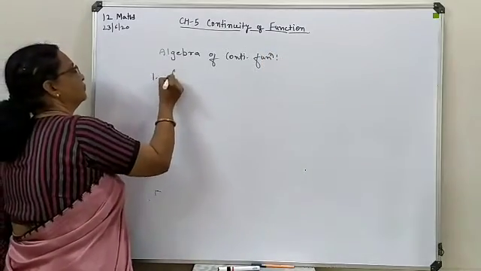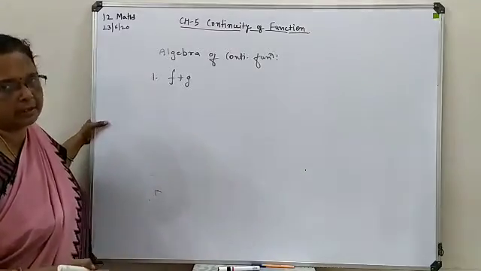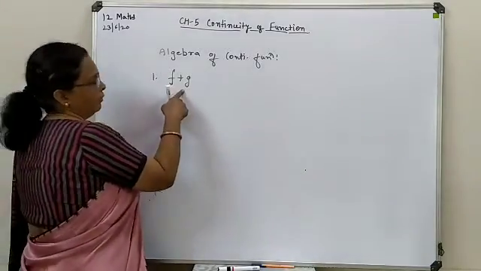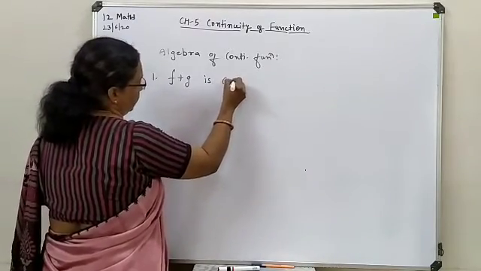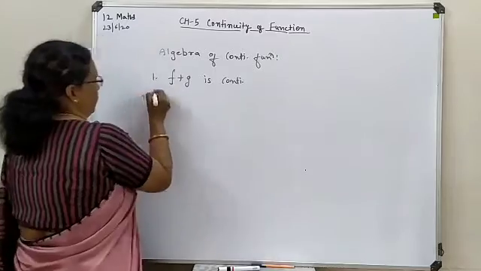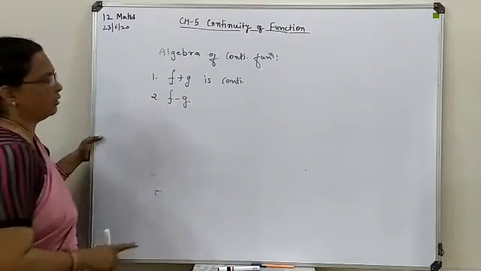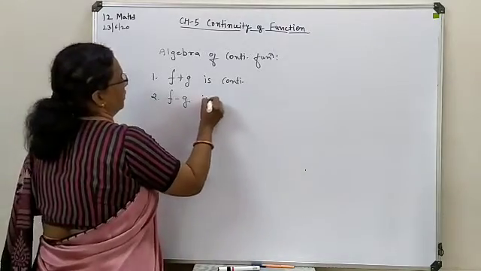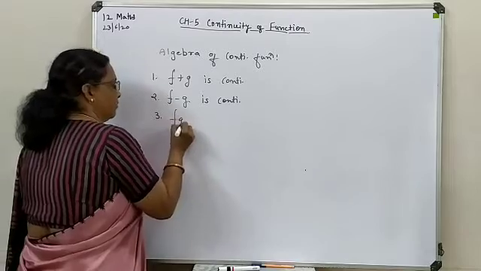First of all, if any two functions are written in additive form, the combined form will be considered continuous. If two or more functions are written in subtraction form, that combined form will also be considered continuous. Third, the same with the product form.